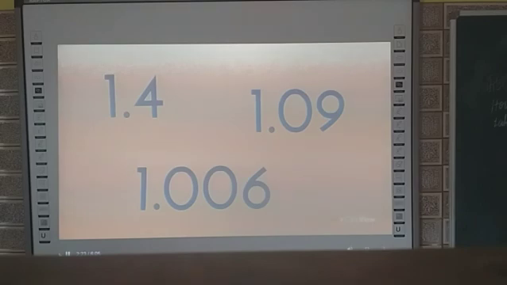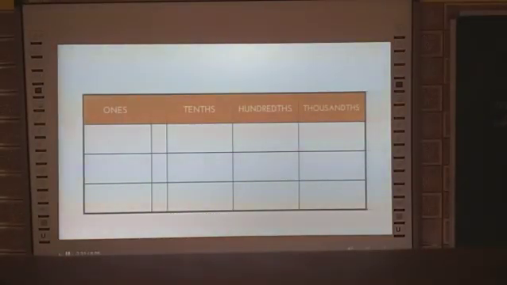When we have a collection of decimal numbers, the easiest way we can compare their value is by drawing up a table. Using this table, we can write down our decimal numbers and line up their place values. 1.4, 1.09, 1.006.